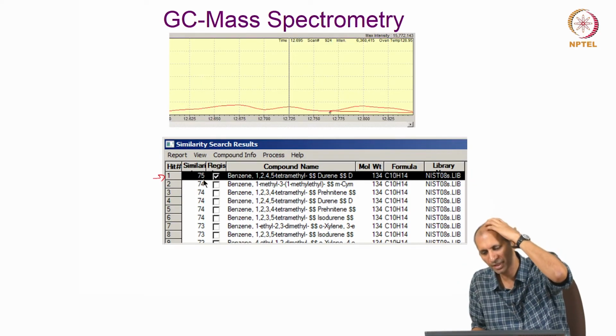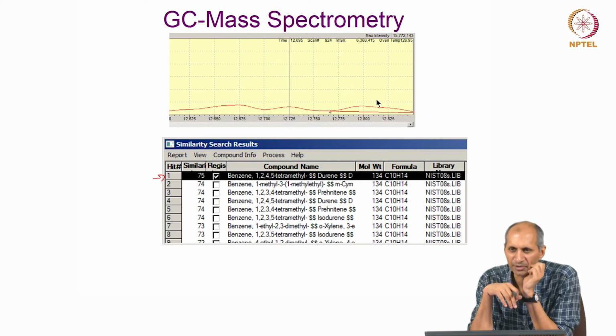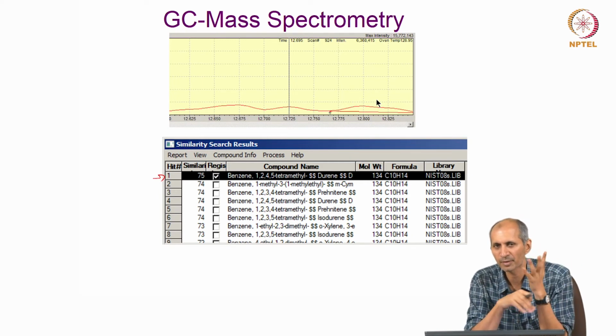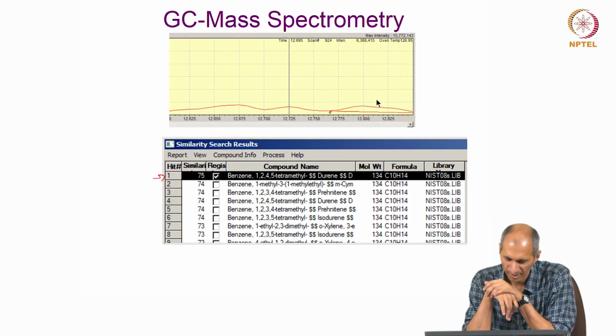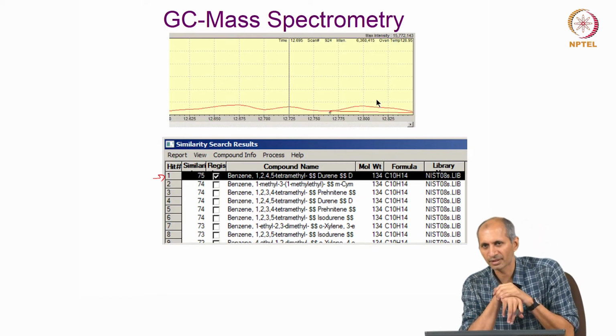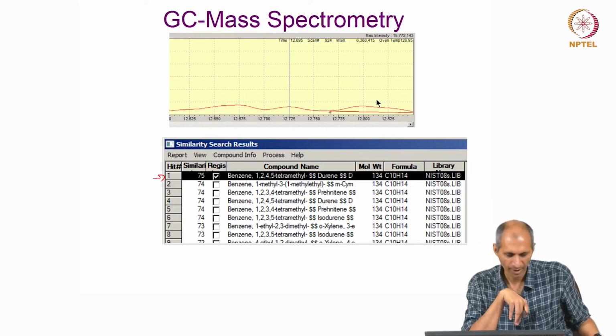Typically from this chromatogram I am not really sure if it is noise or signal, whether it is enough information for me to judge whether it is benzene or not. So, I will discard that, I say I am unable to determine. So, you will say below detection limit or some such thing. If you cannot identify a compound, you can't even calibrate for it. So, it is equivalent to saying it is below detection limit. You cannot detect the compound.